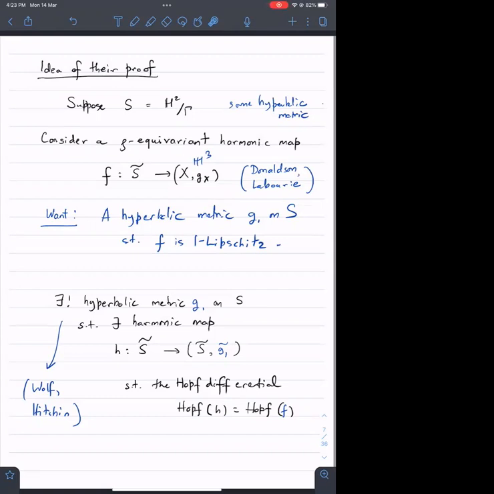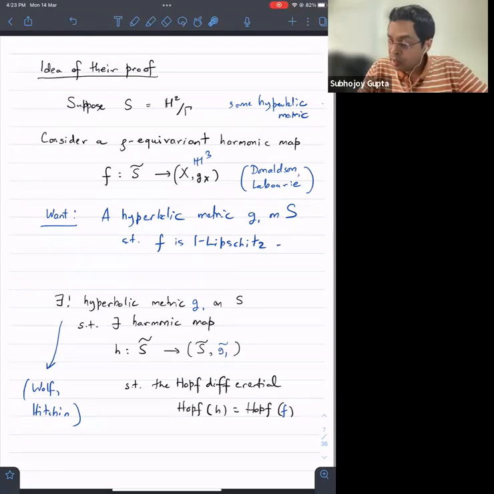Is that correct? Yes, S tilde, right. So this one is the target.